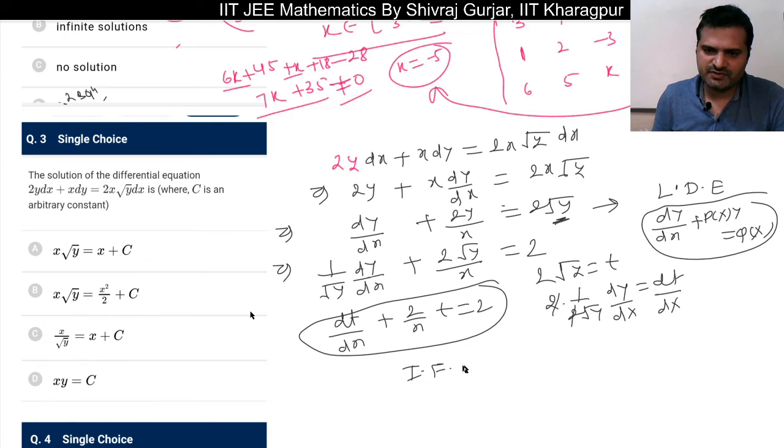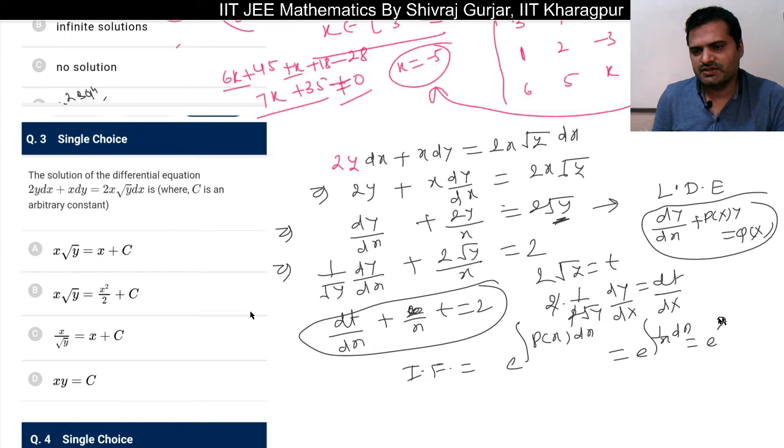What is the integrating factor of this equation? Integrating factor is given by e raised to the integral of p(x) dx, where p(x) is the coefficient of y. Here y is nothing but t. Coefficient of t is 2 by x, not 2 root y actually. We have taken 2 root y as t, so this is the whole t. So this is integral of 1 by x dx, that is e raised to ln x.